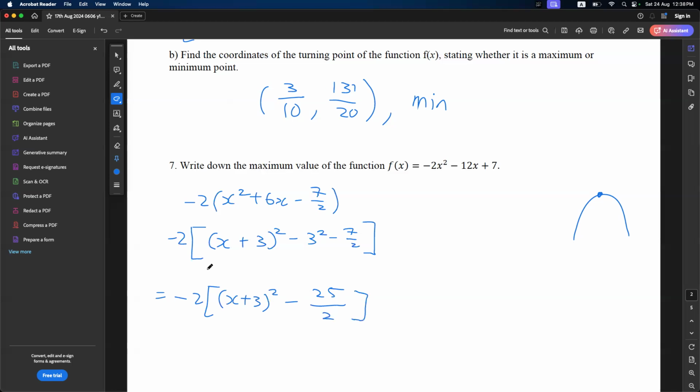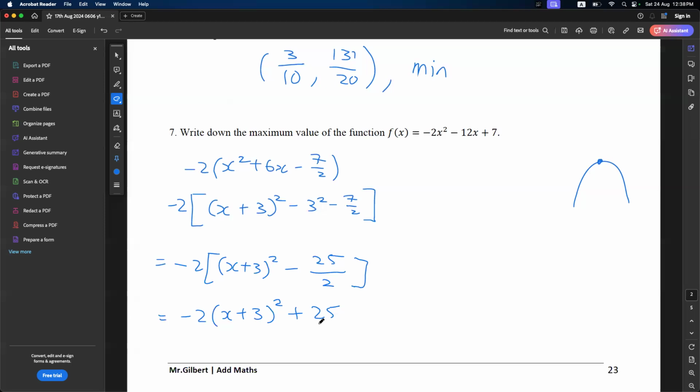And then finally expanding the square bracket. So you have -2 bracket x plus 3 square plus 25. This is your completing the square already, right? And the minimum point is therefore, maximum point is therefore -3, 25.